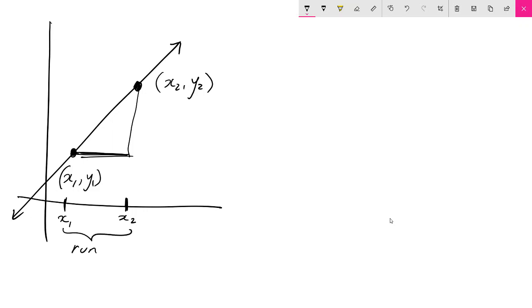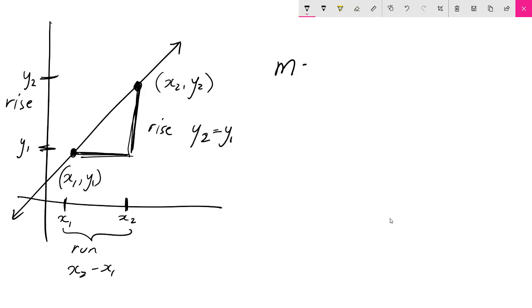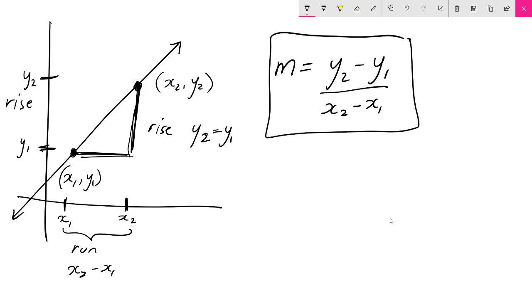And that means the rise is the difference between the two y values. So that's how we get the other formula for the gradient, which is y2 minus y1 over x2 minus x1. We have seen that one before as well, and that one's very important.